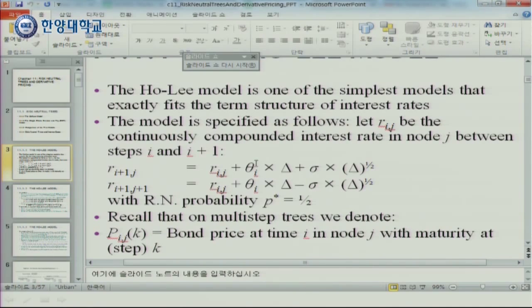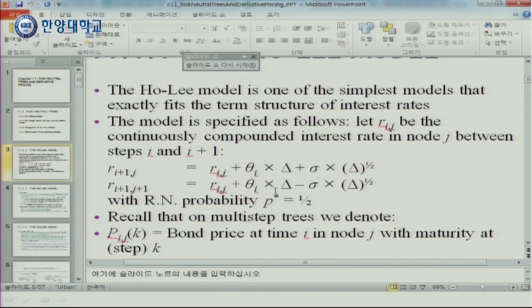Okay, and the risk neutral probability is always 50%. This sigma part is given by the data. Delta is time, given in the previous period. Risk neutral probability is half, given. And we have only one free parameter at each step, which is theta. So in our previous model, we changed the risk neutral probability to match the data.